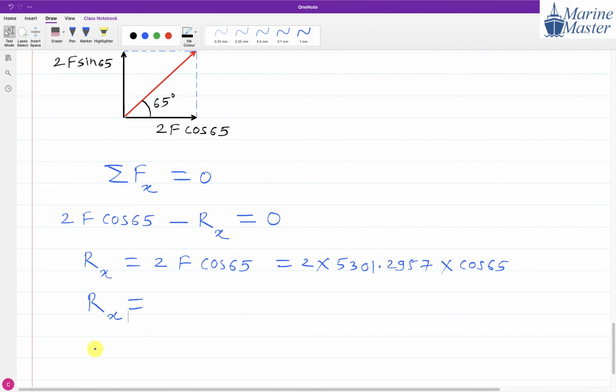How much Rx are we getting, sir? It is a simple calculation.